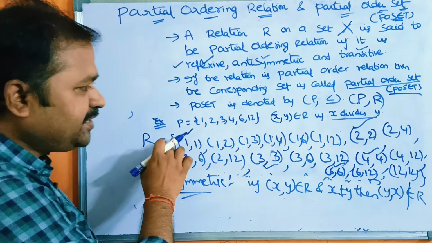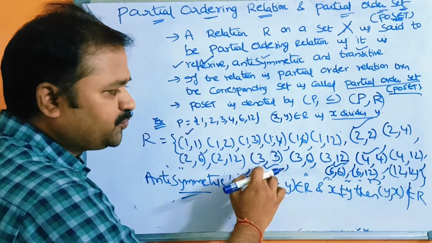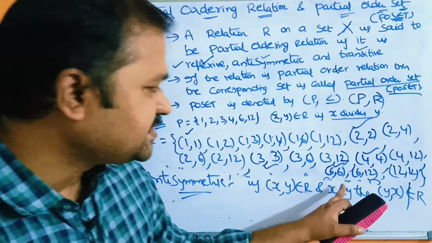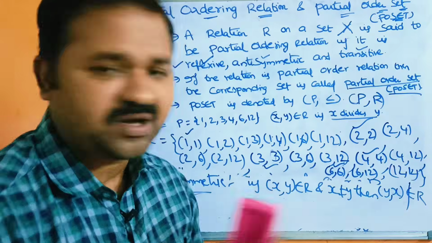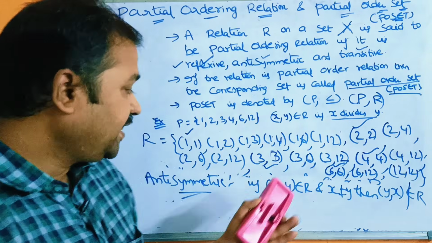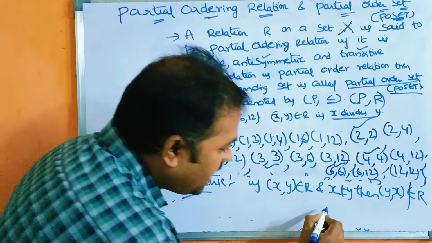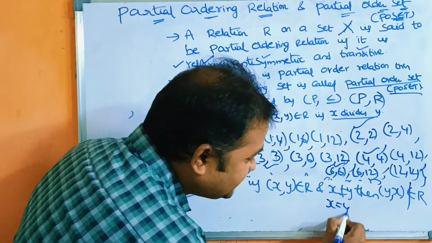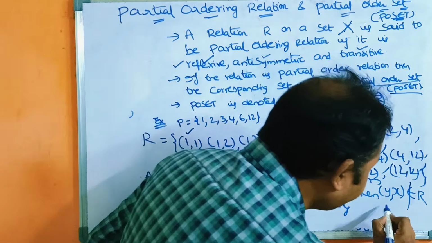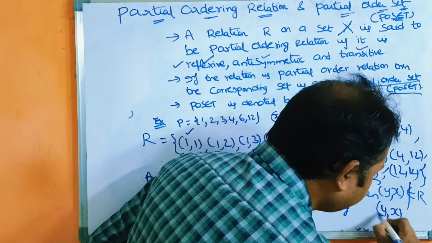Here there is no need to check for 1 comma 1, 2 comma 2, 3 comma 3, 4 comma 4, 6 comma 6 and 12 comma 12. Why? Because for these the condition is x comma y belongs to R and x is equal to y, then y comma x belongs to R.